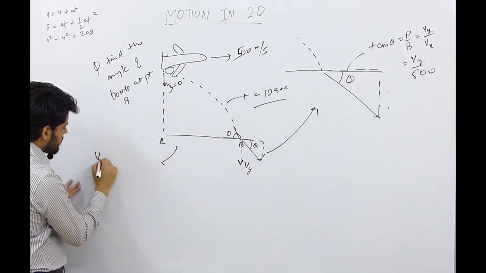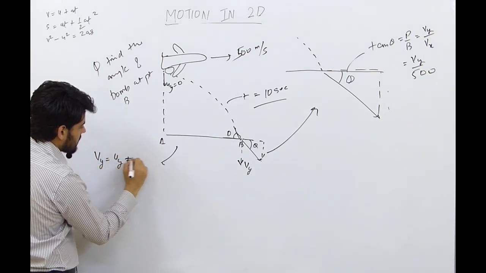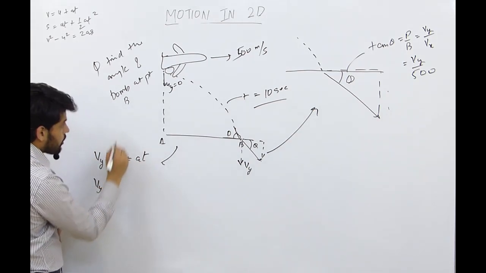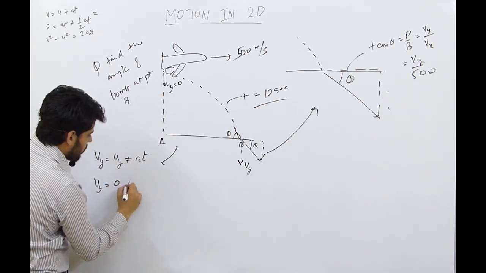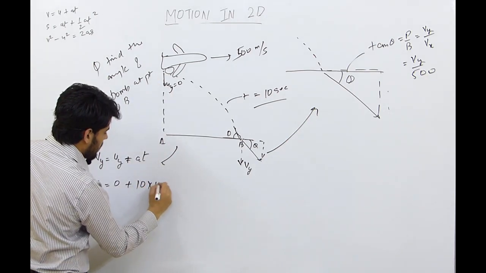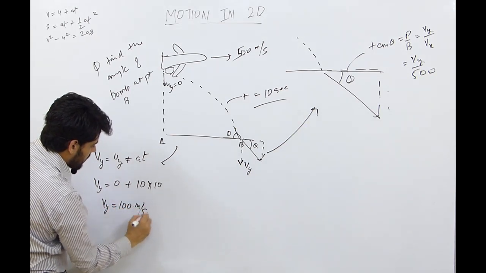Final velocity Vy equals Uy plus acceleration into time. Uy is 0, plus acceleration due to gravity, which is 10, times time taken, 10. So Vy equals 100 meter per second.